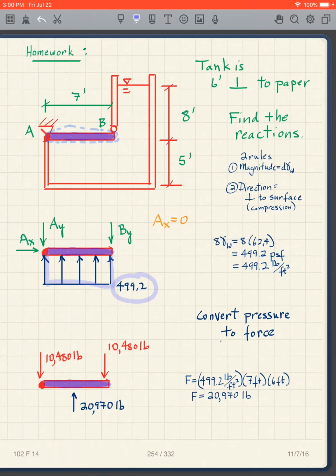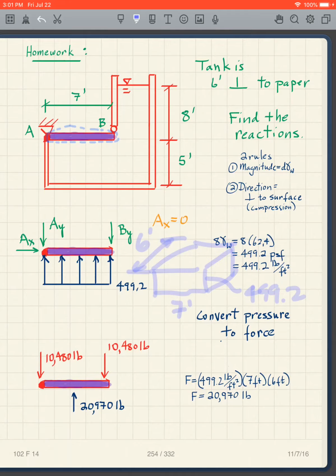Gives me a rectangle. It's 6 feet perpendicular to the paper, so I need to get the volume of this. Like I say, it's going to look like this, where this distance is given to be 6 feet, and this is 7 feet, and that is 499.2.